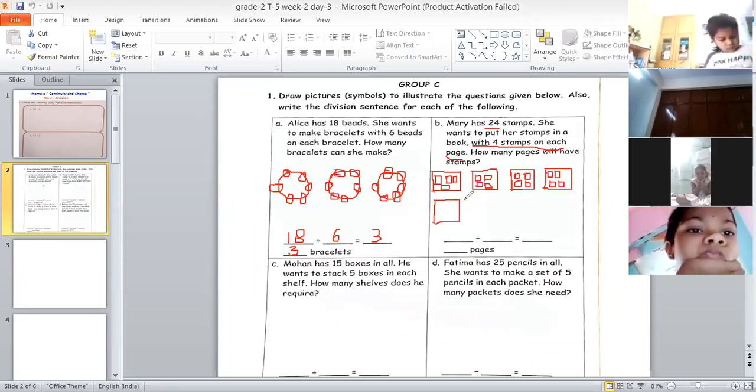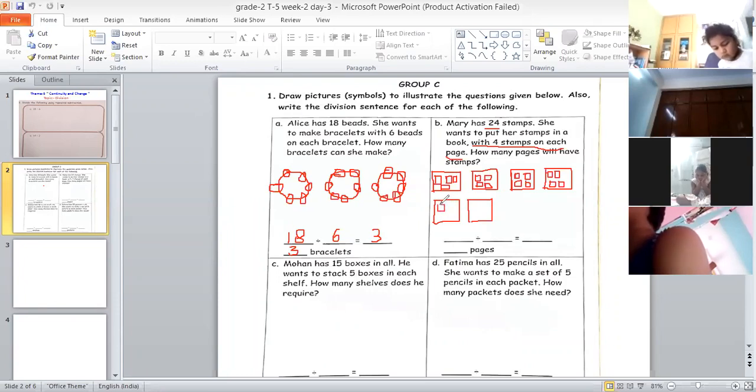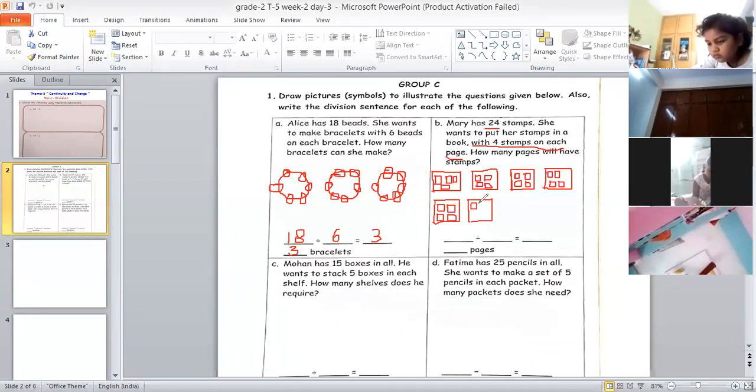So let us make 2 more pages. And then again, draw 4 stamps on each page. 1, count and then draw, children. 2, 3 and 4. Again 1, 2, 3 and 4.